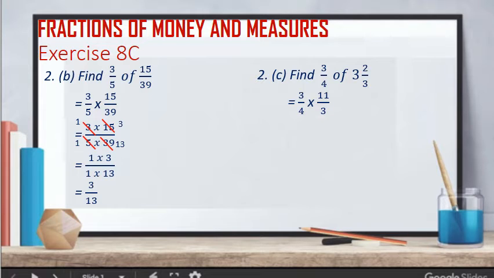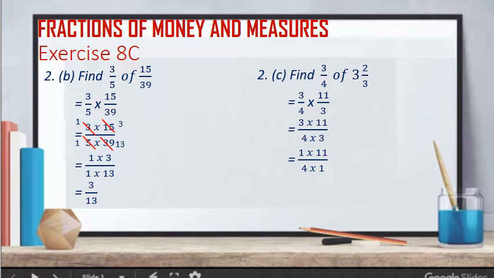Now, in the next step, we will write 3 multiplied by 11 upon 4 multiplied by 3. Now, children, we can divide 3 in the numerator and 3 in the denominator by common number 3. So 3 divided by 3 is equal to 1 and 3 divided by 3 is equal to 1. So now what is our answer?